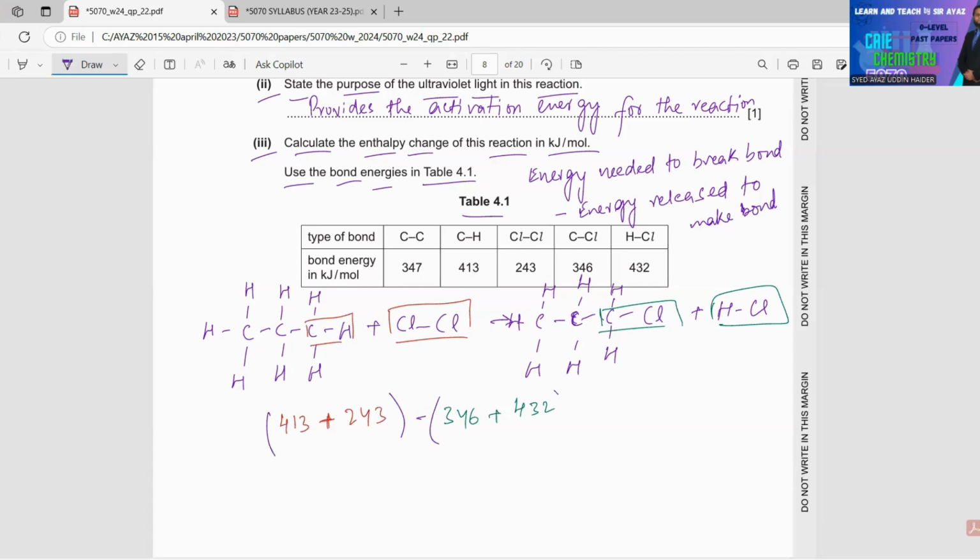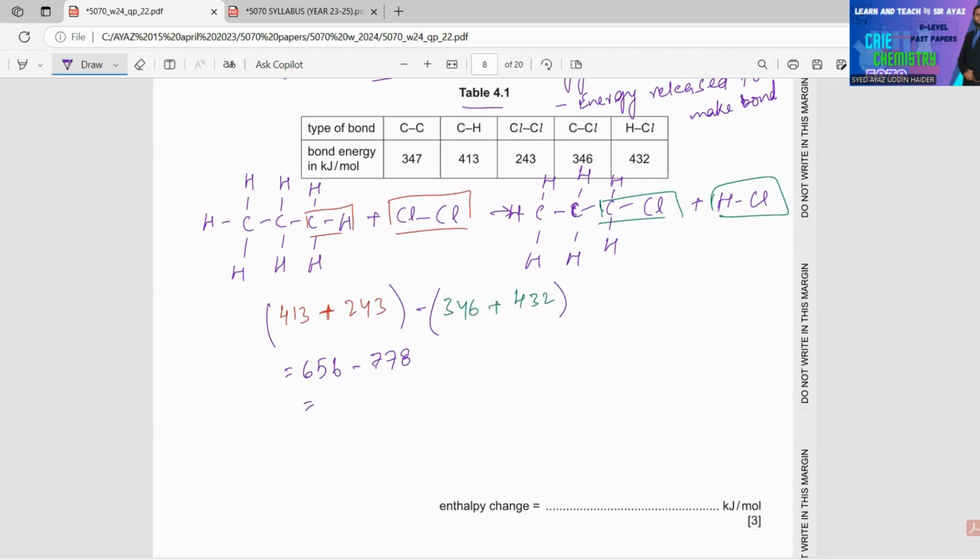So 413 plus 243 is 656, minus 346 plus 432, we're getting 778. So 656 minus 778 is minus 122.